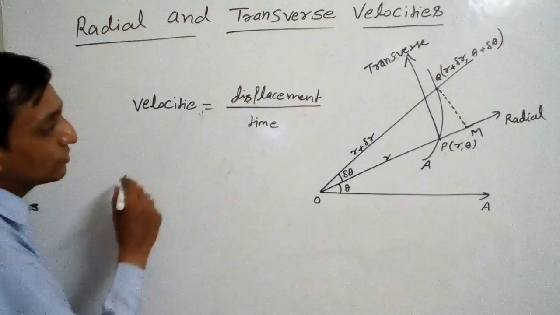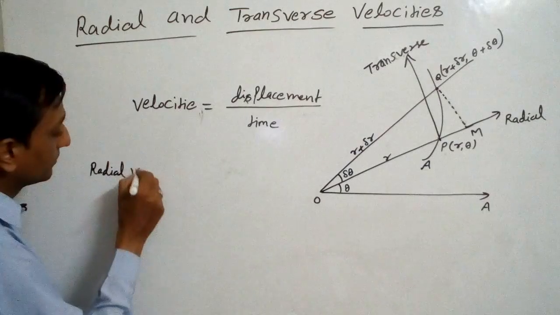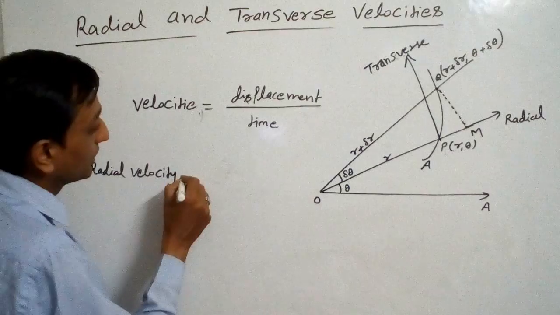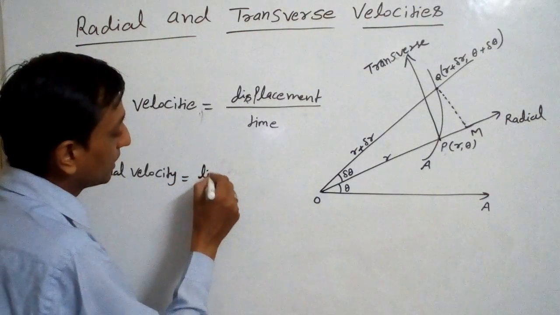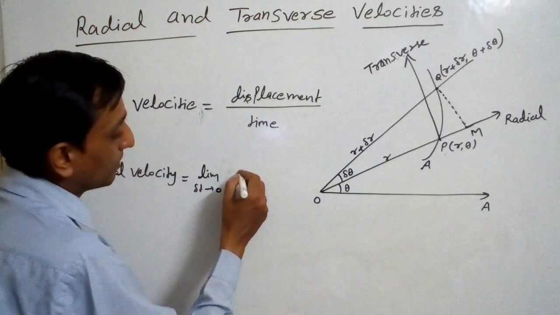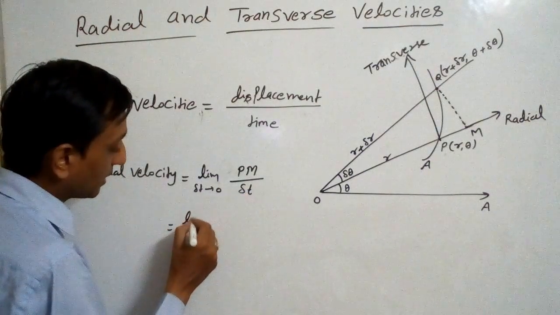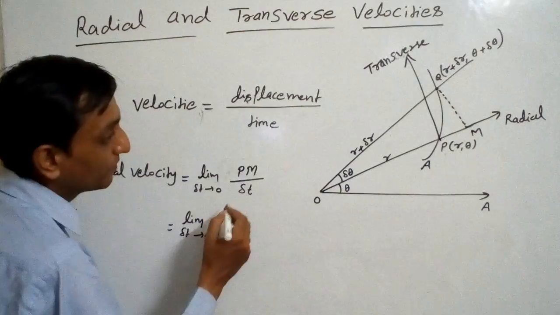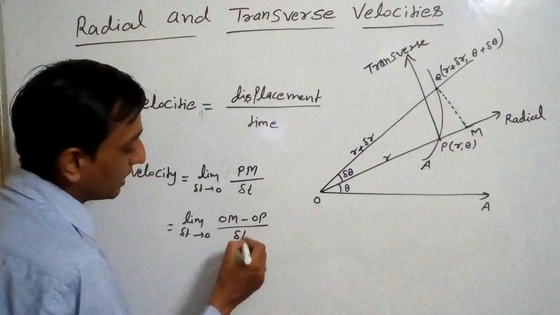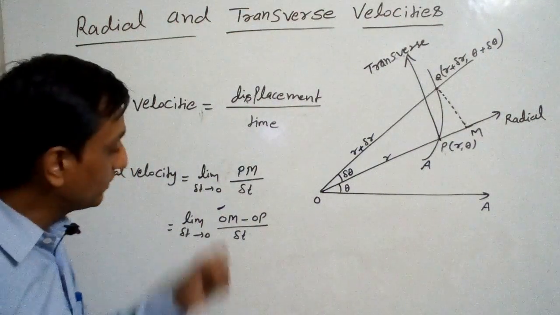So the radial velocity is equal to the limit as delta t tends to 0 of the displacement PM upon delta t, and this can be written as the limit as delta t tends to 0 of (OM minus OP) upon delta t. So our first aim is to calculate OM.